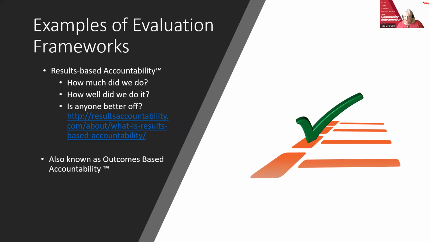Was it weekly meals, etc.? So all of that. How well did we do it? That's the kind of information that you would get from your own records, your feedback from your own staff, your own volunteers, but you'd also get feedback from the people who benefited. So that would be a way to be able to find out how well you did it.